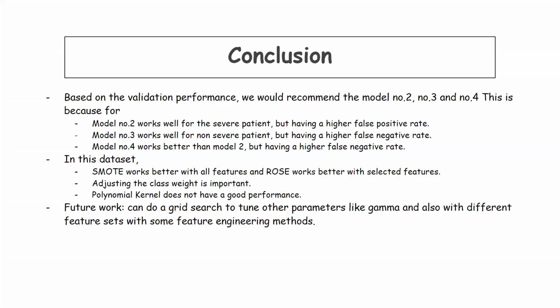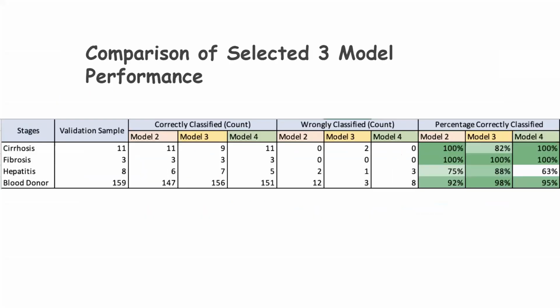What does it mean when you say it works well for the severe patient, works well for the non-severe patient? Yeah, because for the hepatitis data from the UCI machine learning repository, they mention that the most severe case is cirrhosis, and it develops from hepatitis in this manner. So when we drill down on the model performance, if it's a severe patient, they're able to detect it. Cirrhosis is the late stage.